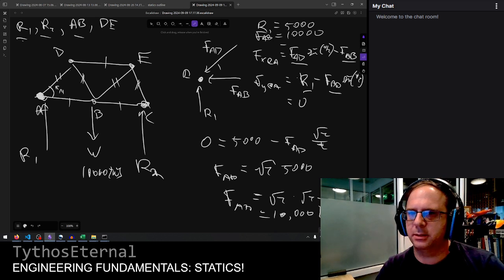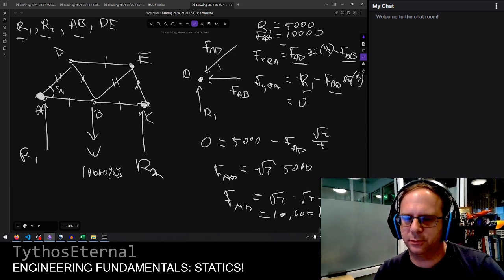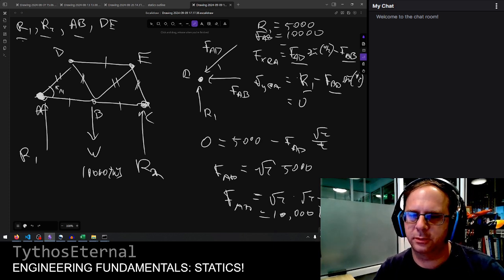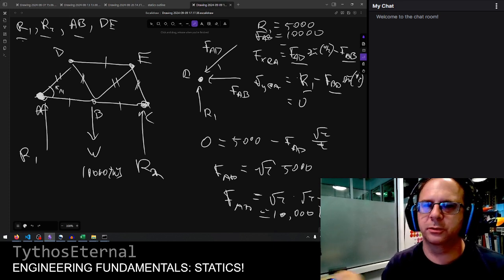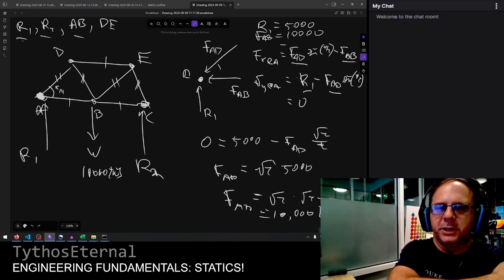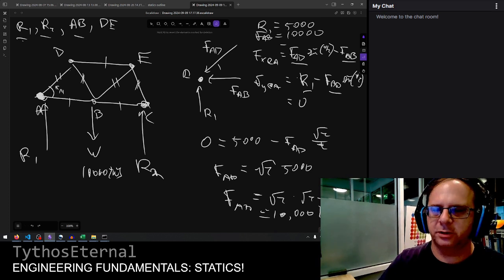FAB, that's negative. Let's see, it's actually going to be negative. So it's actually in the opposite direction, right? So that's something we'll want to keep in mind.